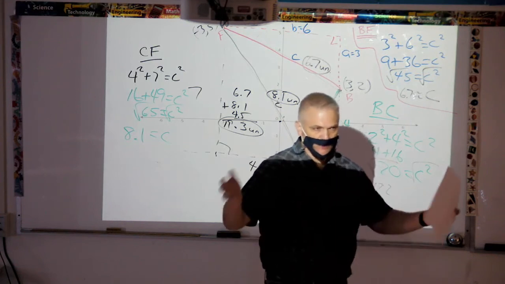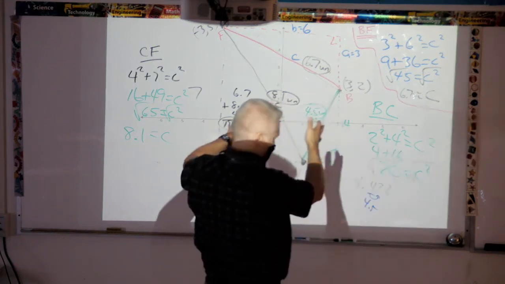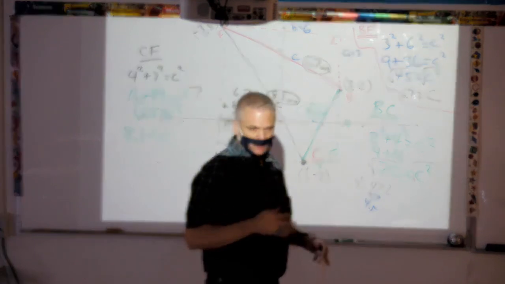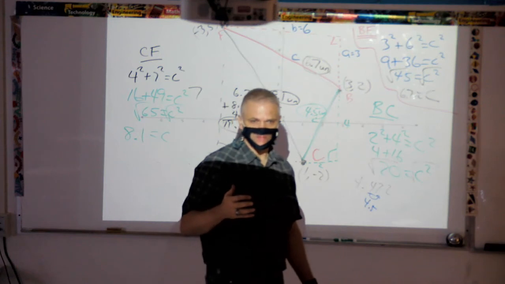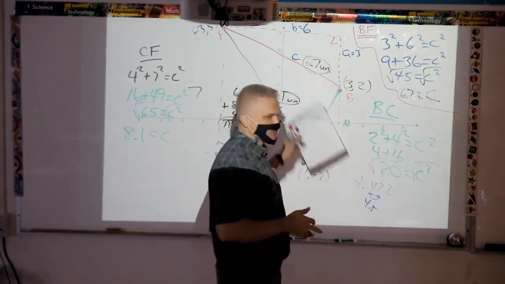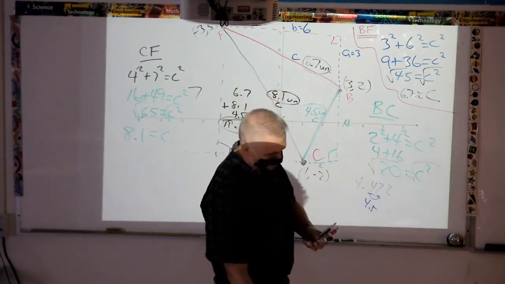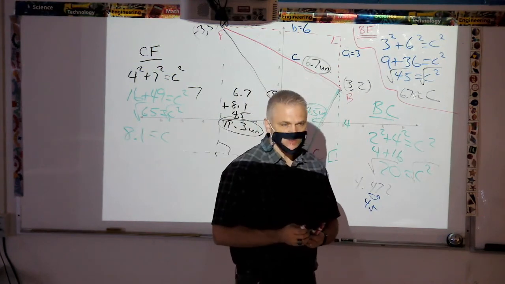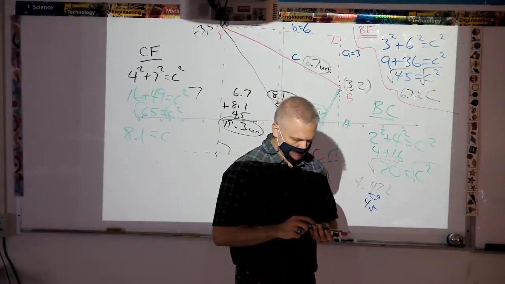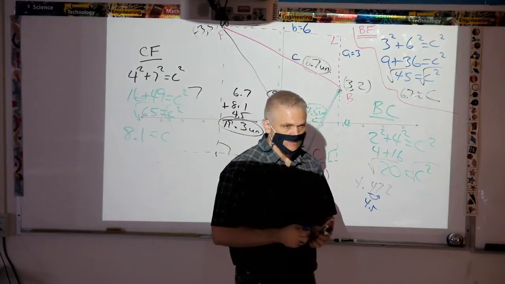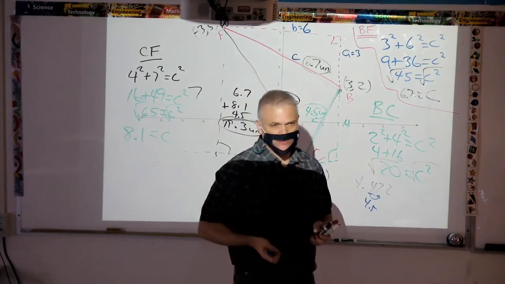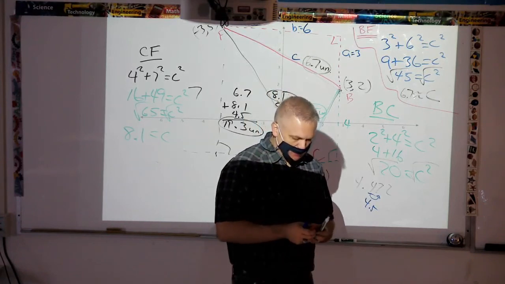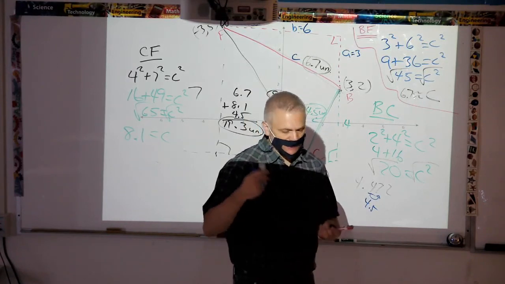Any questions over this right here? Which parts, if any, would give you difficulty? Which part of this is the most difficult, do you think? Making the triangles, setting up Pythagorean Theorem, doing the algebra to solve it, adding them up for the perimeter.